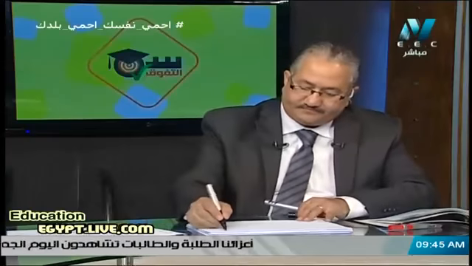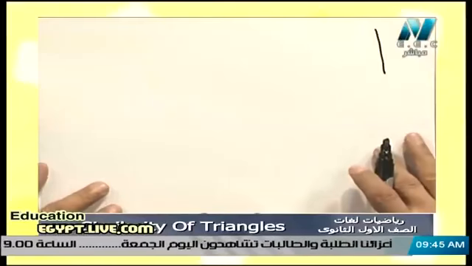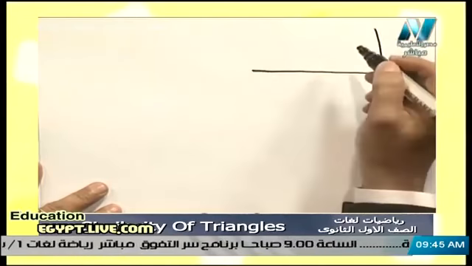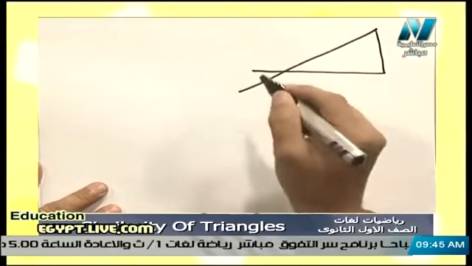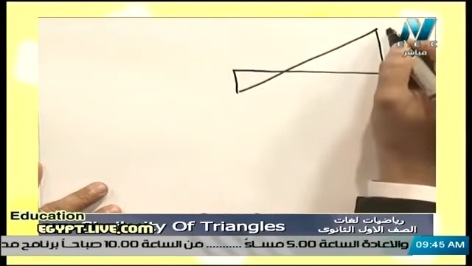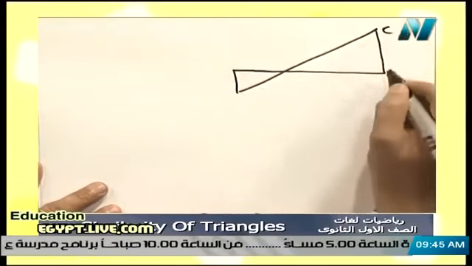We have two triangles also, and two triangles are intersecting like this drawing here. We have a small triangle and a big one. This triangle is called CBA, and this is called ADE.